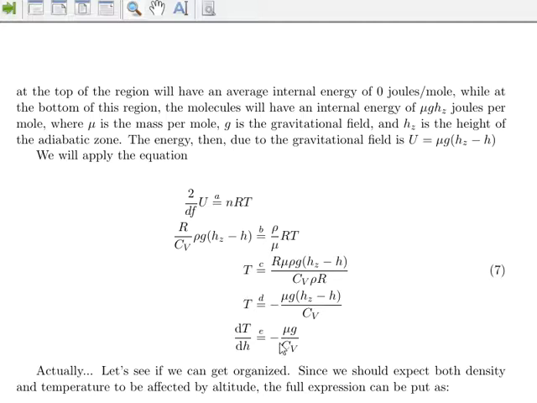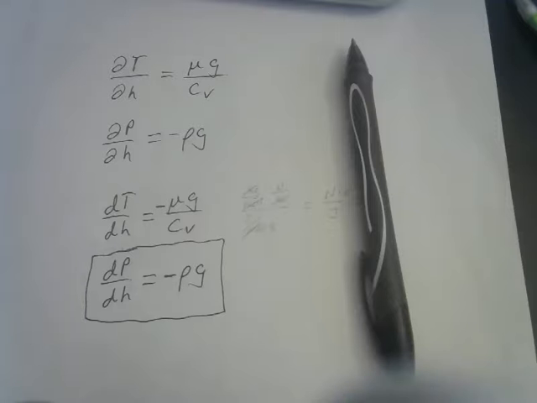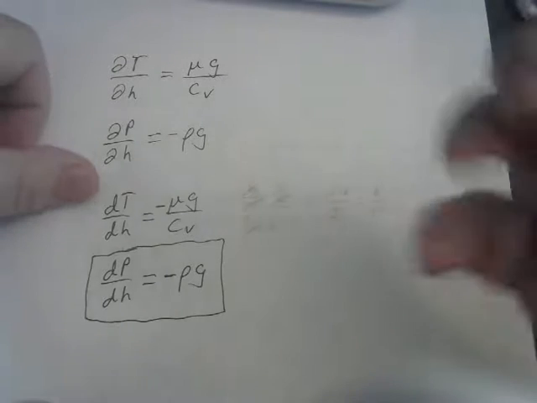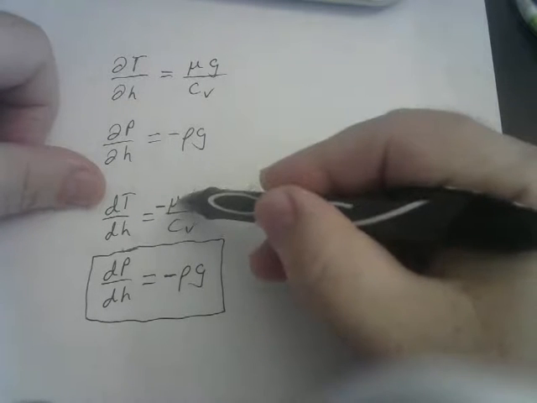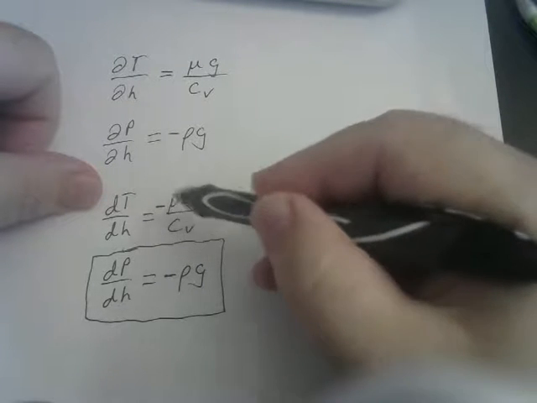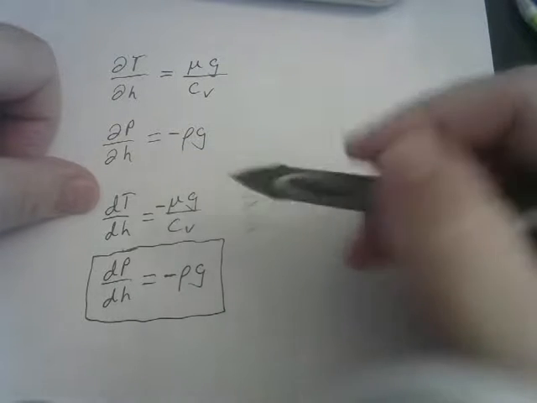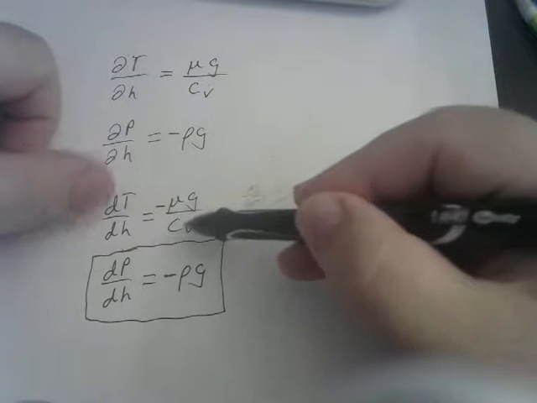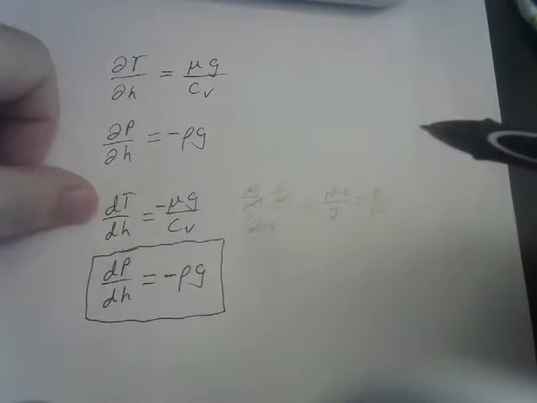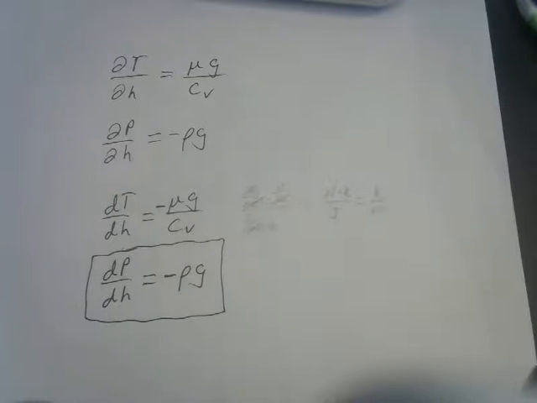Now what's interesting here is that mu, g, and c sub v are all definitely properties of the gas. Mu is the molar mass of the gas, g is the gravitational constant, and c sub v is the specific heat at constant volume. And actually, I've gone to the trouble of plugging in those numbers here.